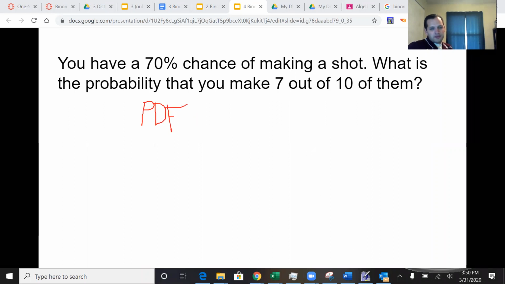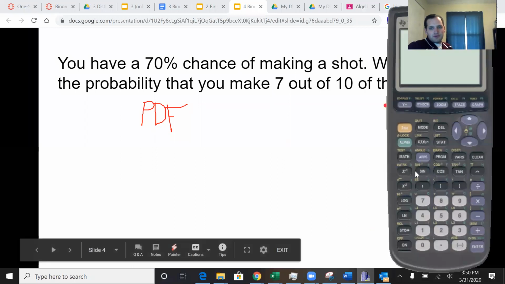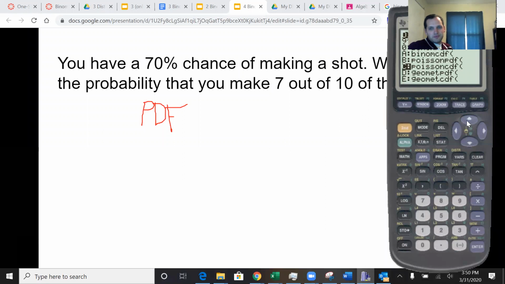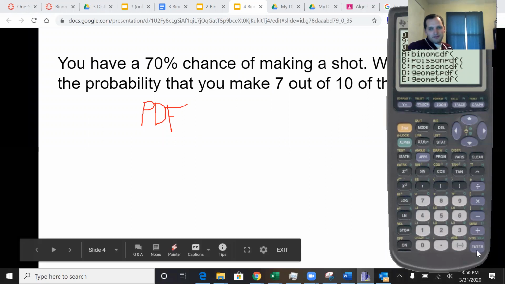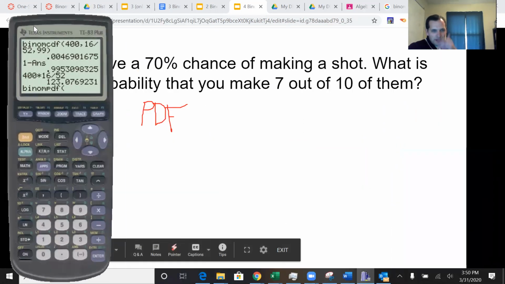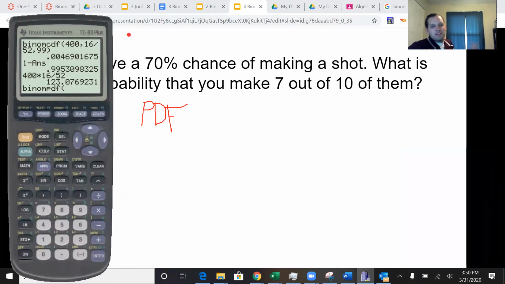When we plug that into our calculator, I'm going to do second, distribution, binomial PDF. And I'm going to move this a little bit so we can see it a little better. How many total shots are we going to make? That's the first number. How many trials? 10, comma.